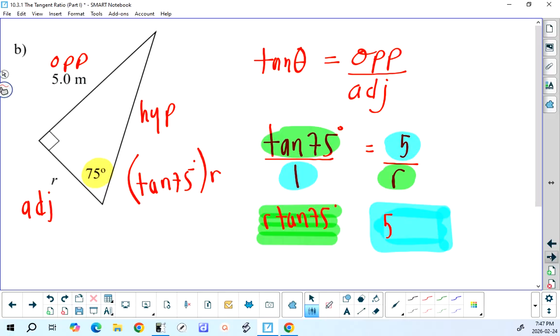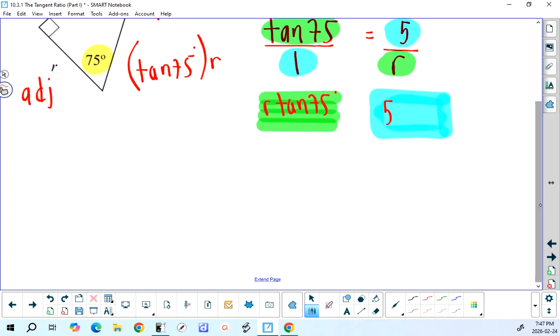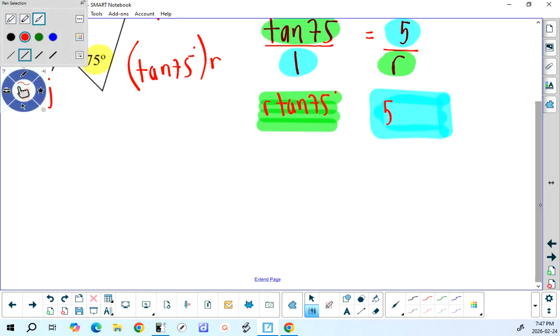Oh, okay. Now we have to get r by itself. And in order for me to do that, I'm going to have to divide by tan 75.